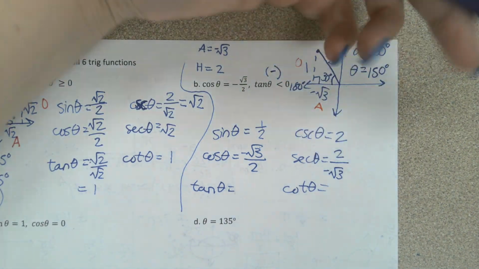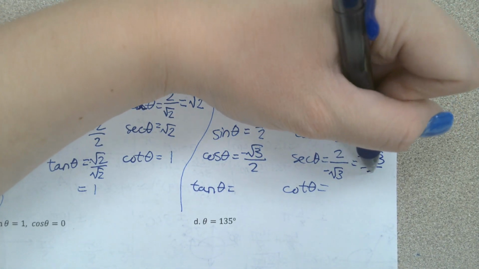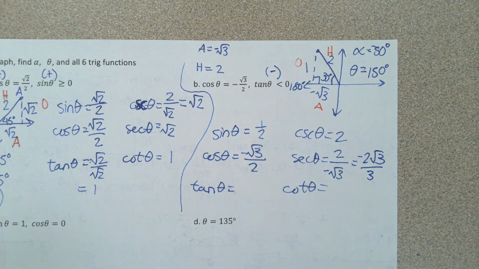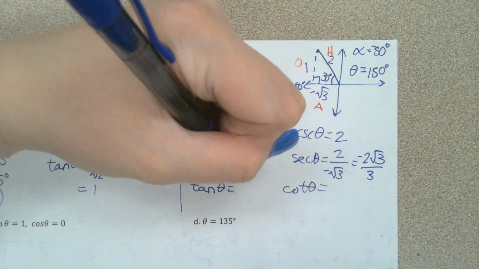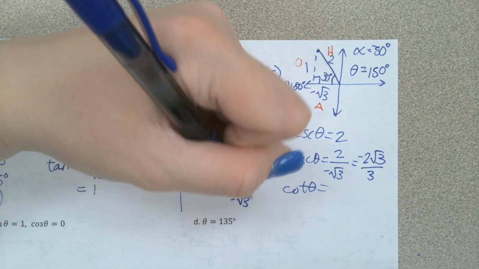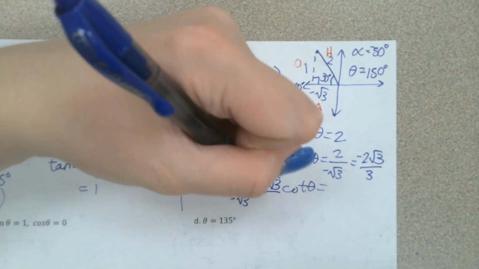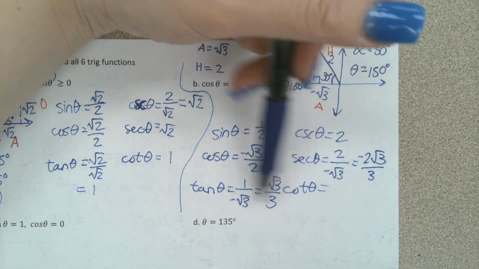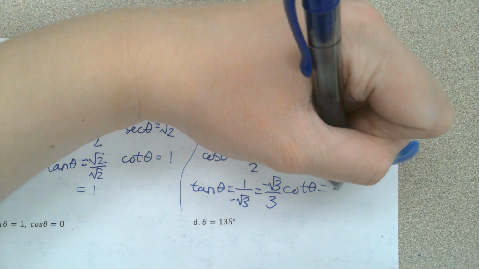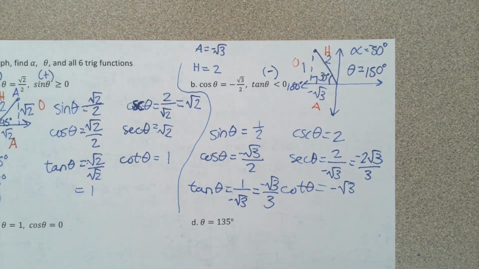If I rationalize the denominator here, I'm going to get negative 2 rad 3 over 3. And then tangent, O over A. We have 1 over negative rad 3. If I rationalize the denominator, that's negative rad 3 over 3. And then cotangent, I'm just going to flip the original. I'll end up with negative rad 3. And there are my answers.